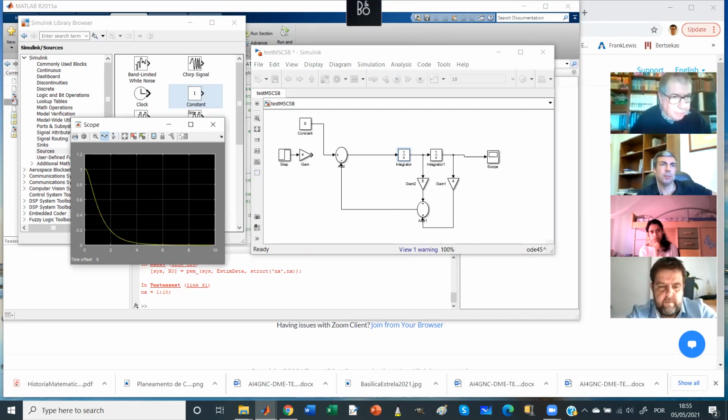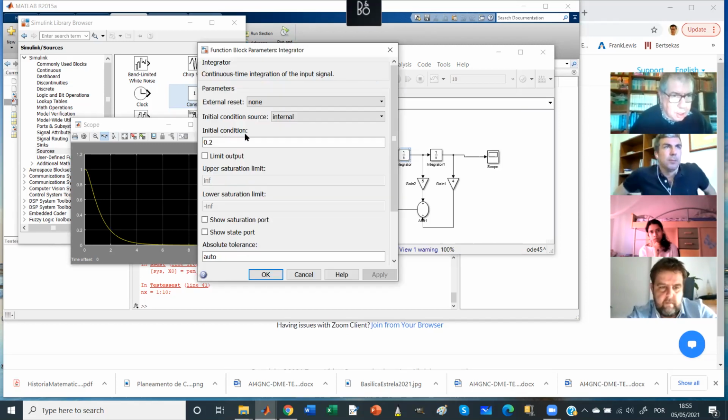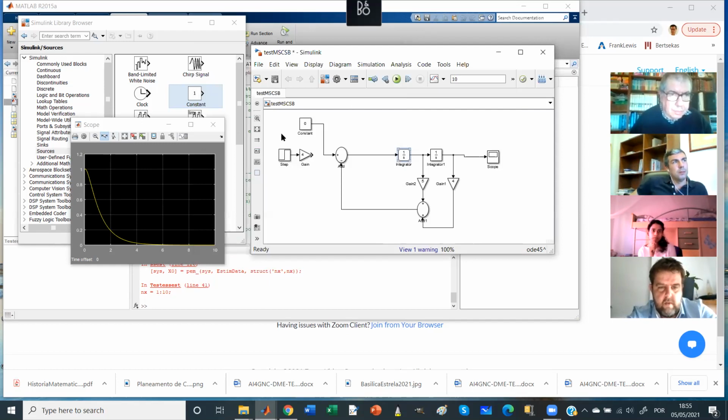Okay, it has some overshoot. Let's do it a little bit more pronounced. So suppose you have a velocity of 1. Okay, you see that it was going up, but your controller brought it down slowly, smoothly.